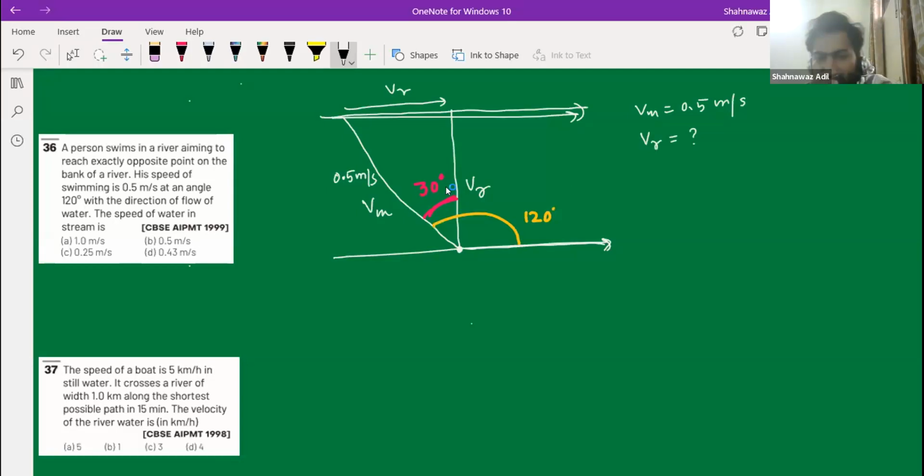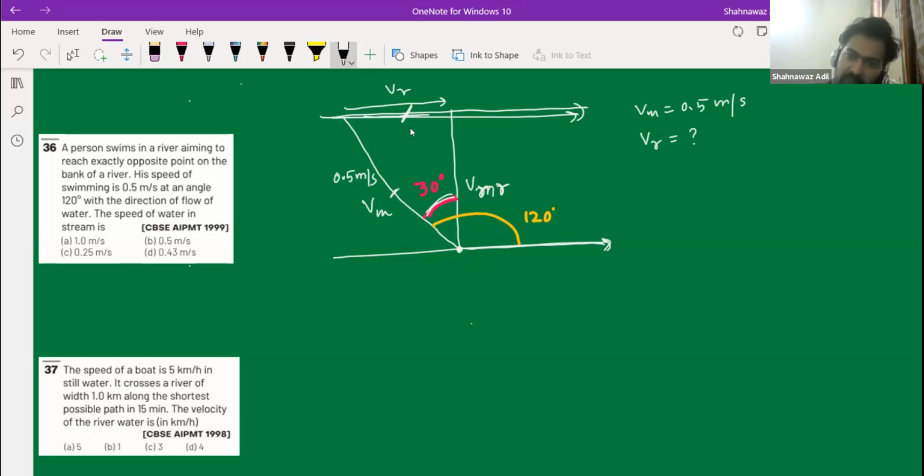This angle is given. So how do we find this thing? This is velocity of man with respect to water, and this is given. We want to relate this angle with this perpendicular and this hypotenuse.